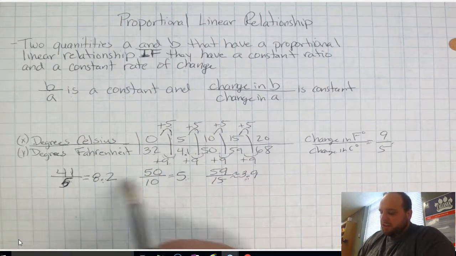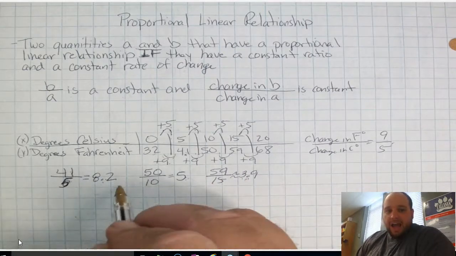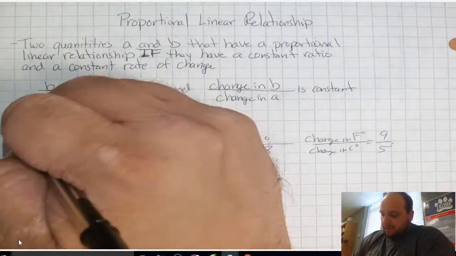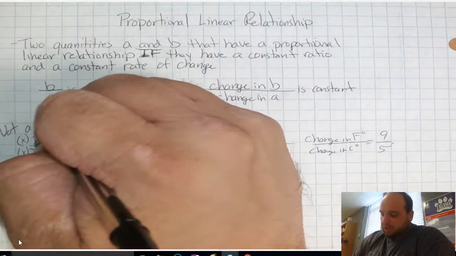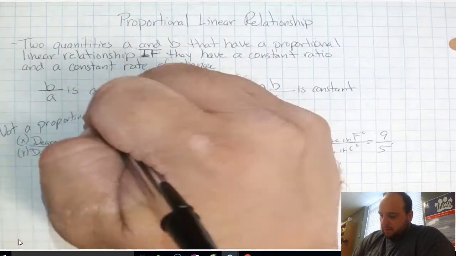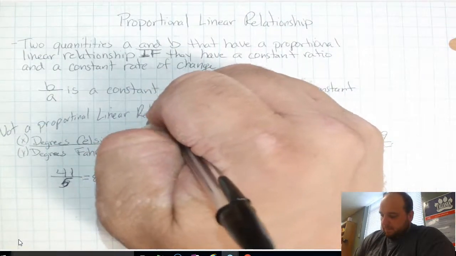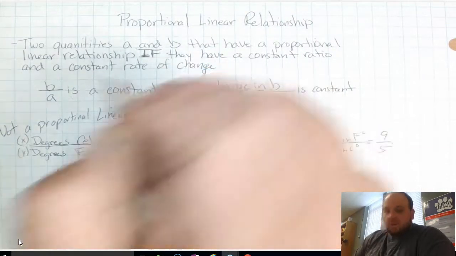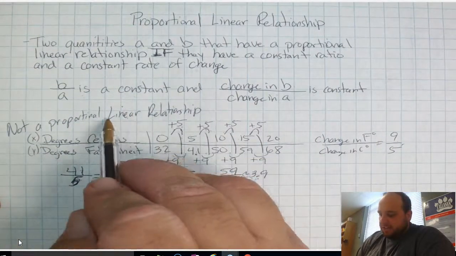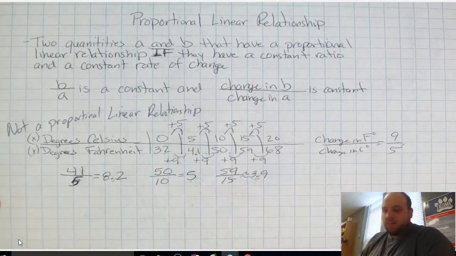So because the ratio changed each time, this is not a proportional relationship. So even though I graph this, and this would form a linear relationship, it is not proportional because the ratios are not all the same.